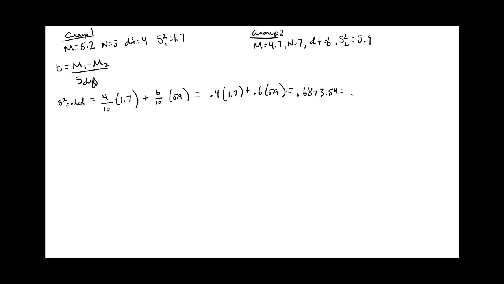And 0.68 plus 3.54 is 4.22. So the total amount of variance is 4.22.